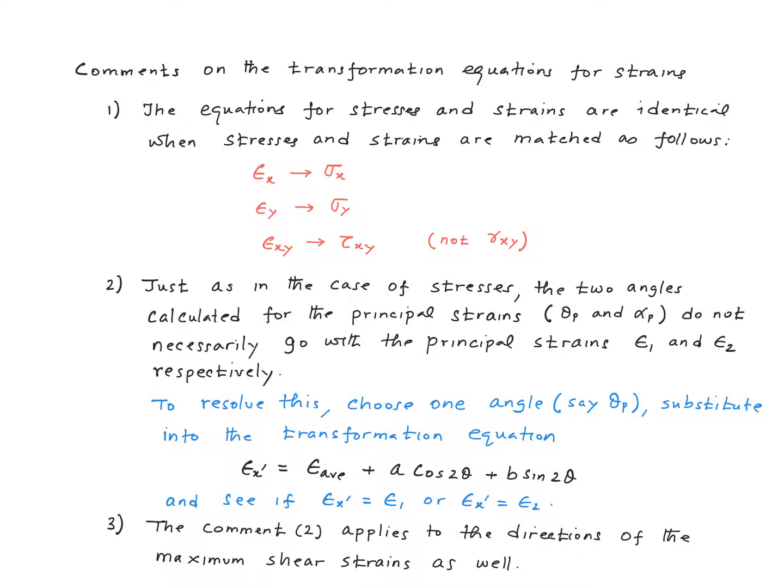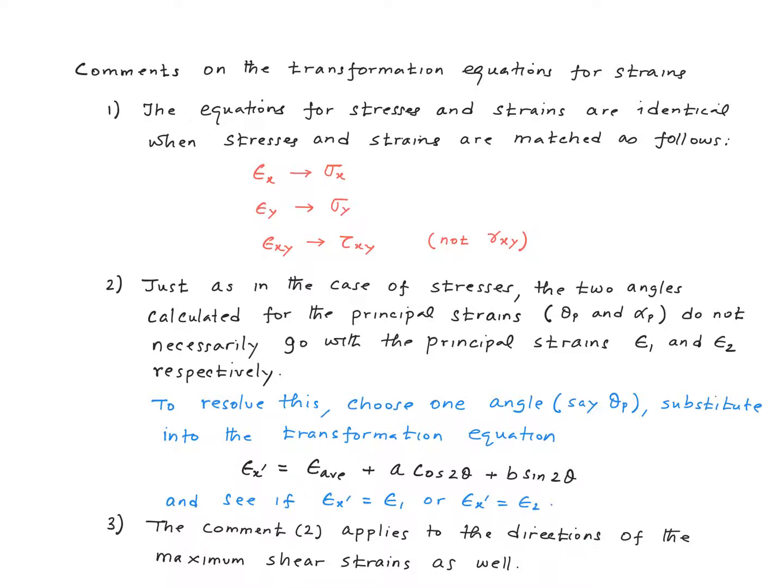Now let me return to my comment about the two angles that are calculated for the principal stresses and principal strains. We said we don't know which angle goes with what, right? If you recall, this is how we resolved it in the case of stresses, and this is how you resolve it in the case of strains as well. So what you do is you take one of these two angles, say theta p, and substitute that into the transformation equation for epsilon x prime.